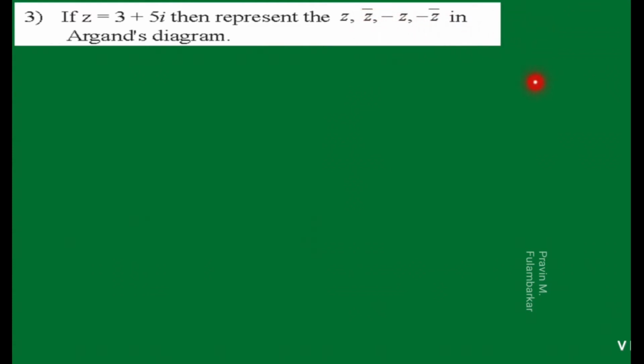So we represent these numbers in ordered pairs, and that ordered pair we represent on graph, and that representation is Argand diagram.